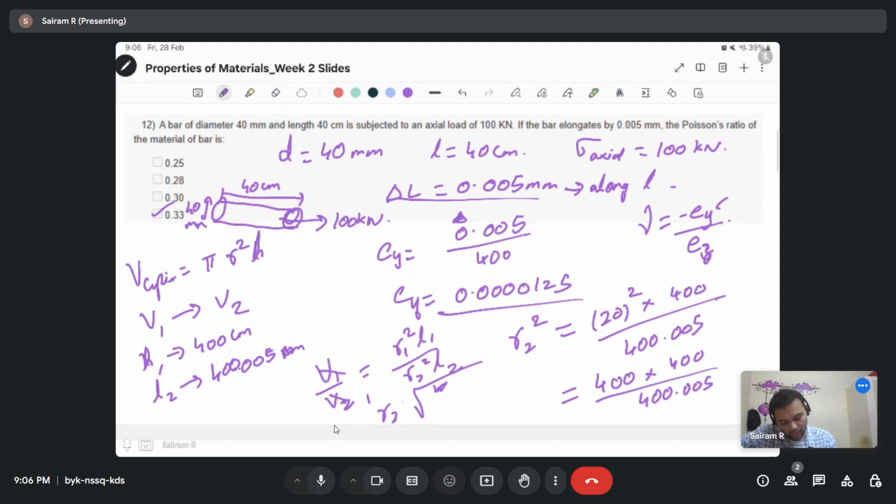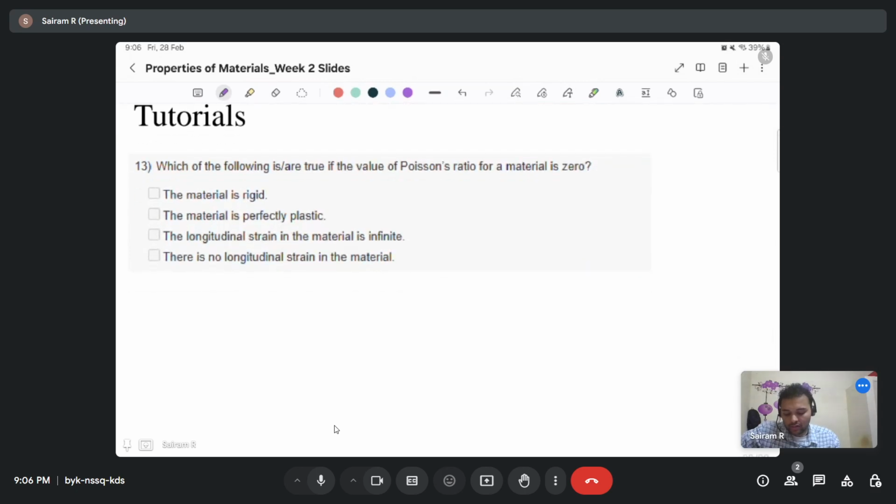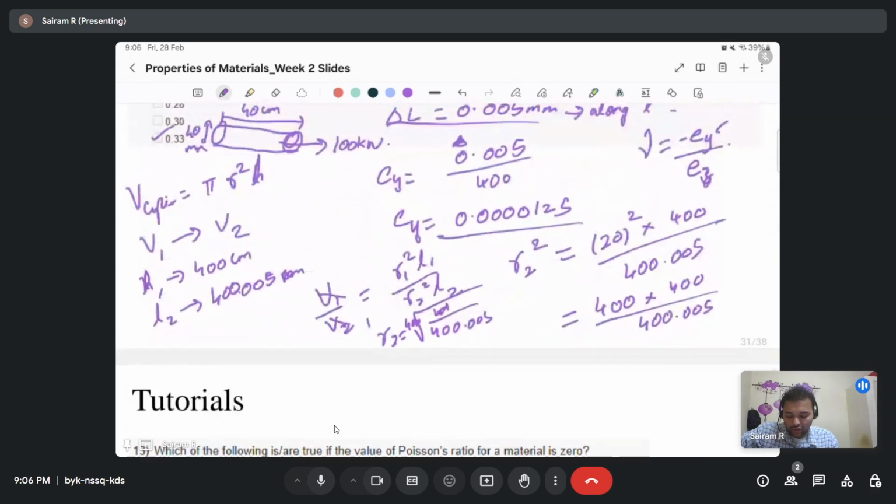400 root 1 by 400.005. It's some value. Okay, what will be the value? Well, the final answer is around 0.33.